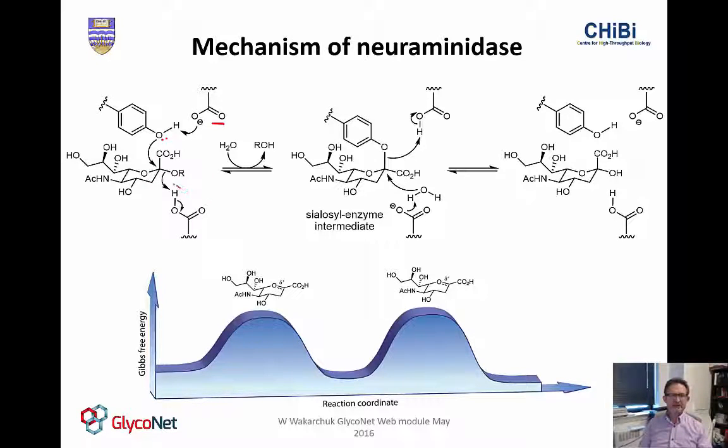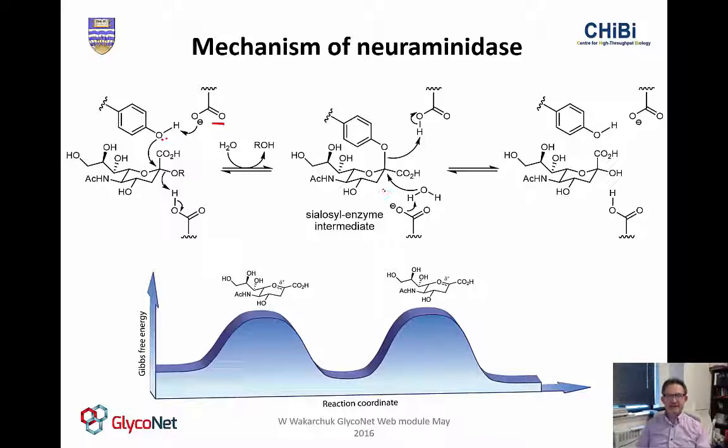And in this particular case, the leaving group is assisted by an acid donor, another carboxylate. And this is typical for retaining glycosidases, to have the base, which activates the nucleophile, and to have the acid catalyst, which helps with release of that leaving group.